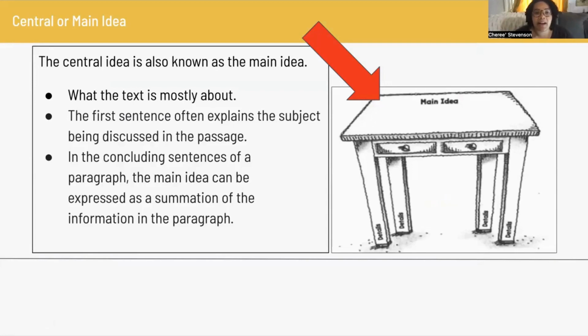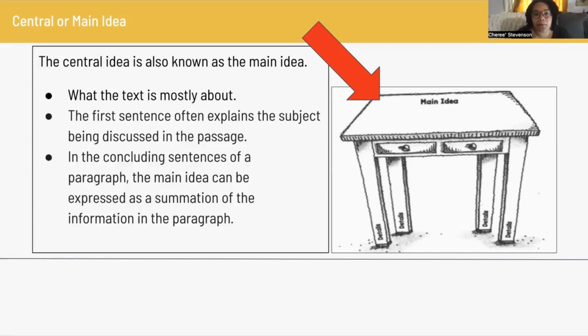But you can also find some good clues for the central idea in the concluding sentences of either the paragraph or the passage. The main idea can be expressed as a summation, so a summary of the information in the paragraph. So if you take everything from the paragraph or everything from the text, if it's a whole book, if it's in a picture like we just saw, what is the main idea of that?